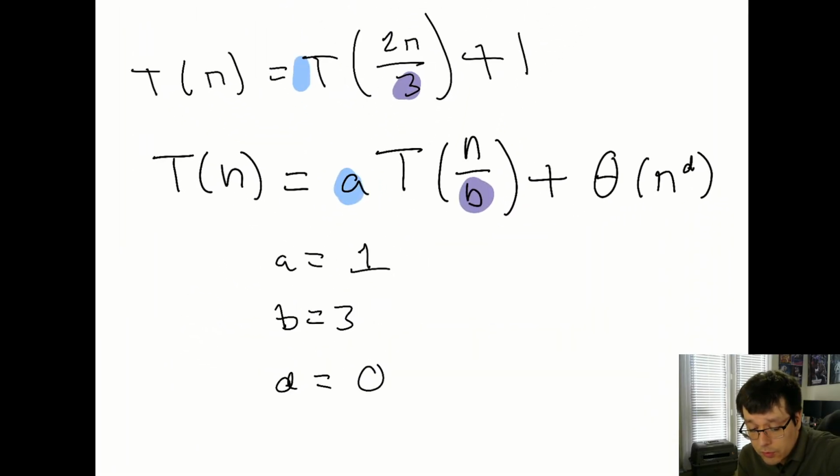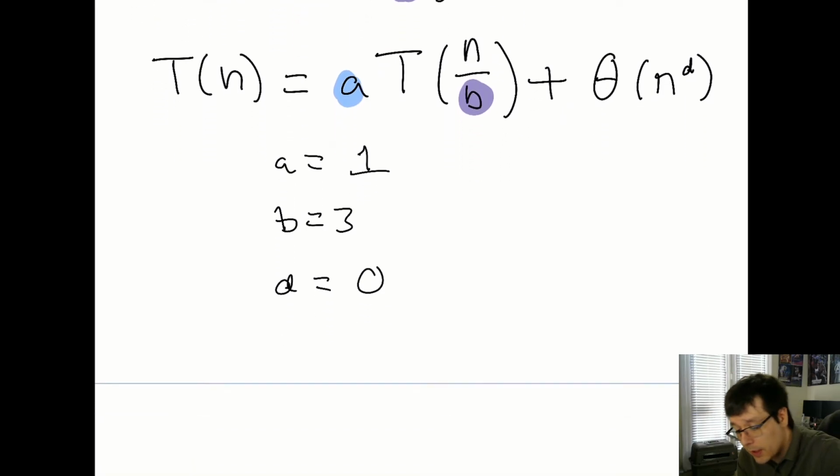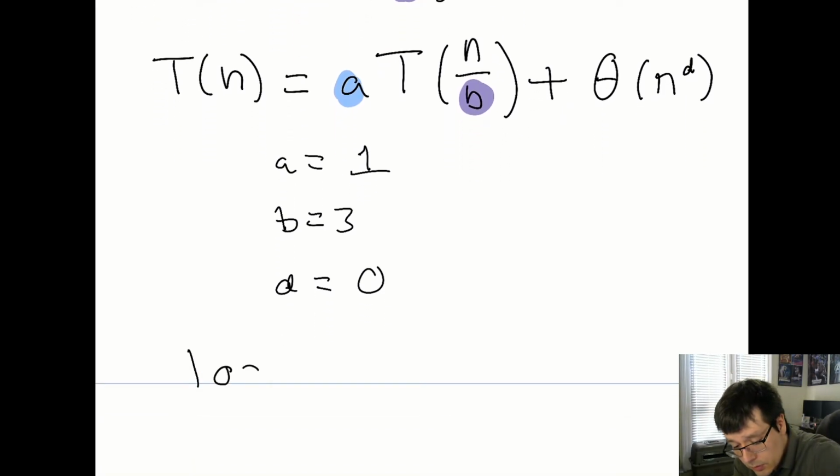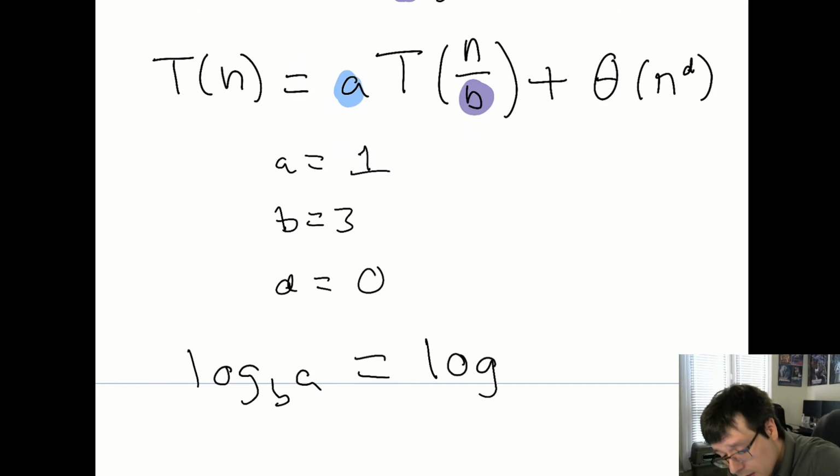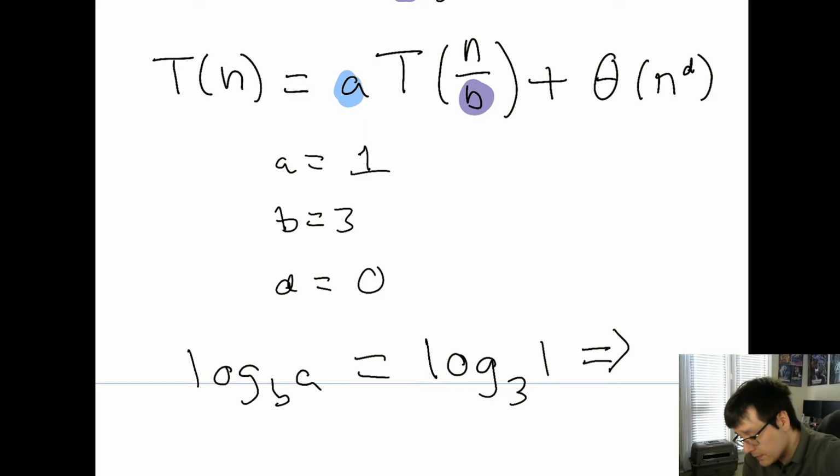So let's plug in that log base B of A component and see what that is equal to. Well, ooh, that's nasty. This is not going to be as clean, but we have 3, 1. So what is that going to be equal to?